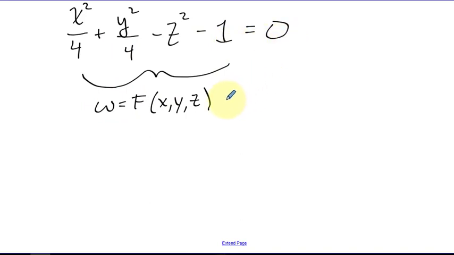So this means that the function is equal to 0 constantly. Imagine that in a 4-dimensional space, if you plot all the points in 3-dimensional space where the function is constantly 0, you're creating a level surface for w.